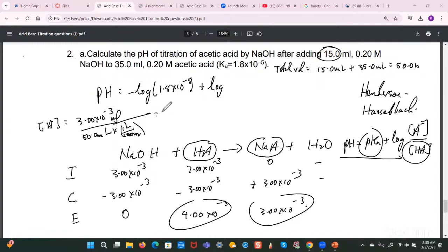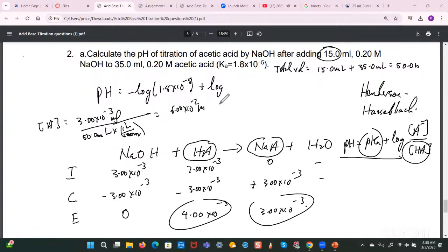So let's see what that gives. 3 times 10 to the minus 3 divided by 50. According to my calculations, this works out to be 6.00 times 10 to the minus 2 M.